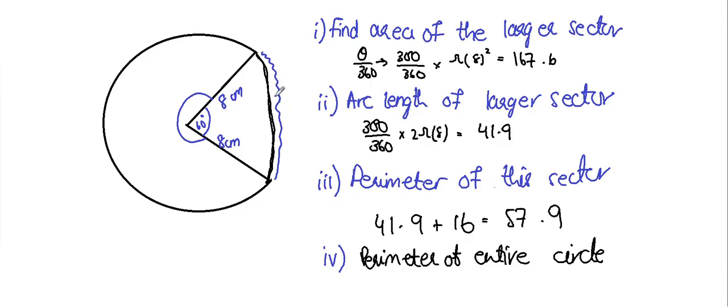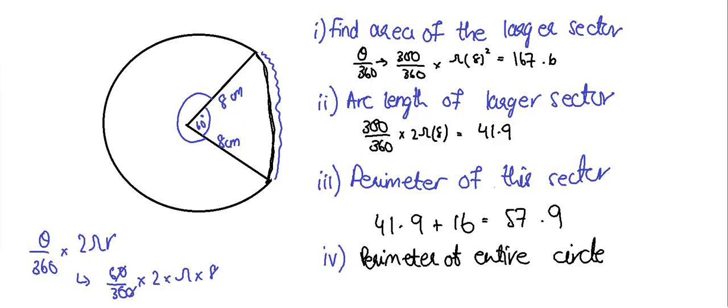In order to find the arc length, we need the formula theta upon 360 multiplied by 2 pi r, right? 60 upon 360 multiplied by 2 multiplied by pi multiplied by 8. What does that become?